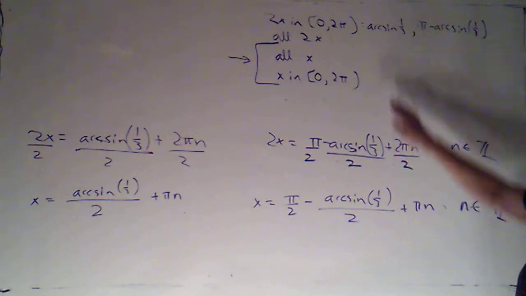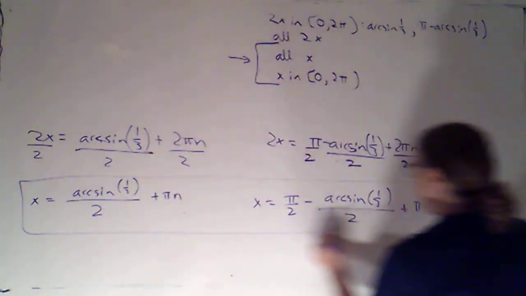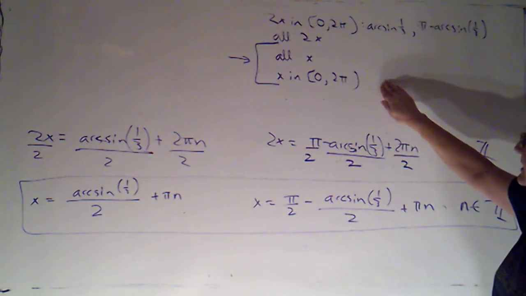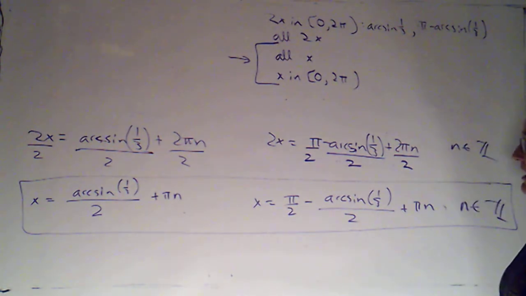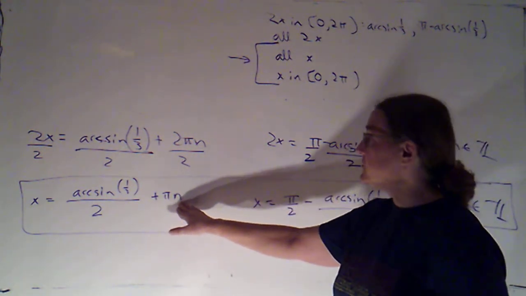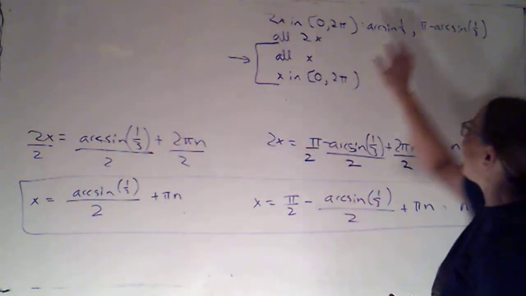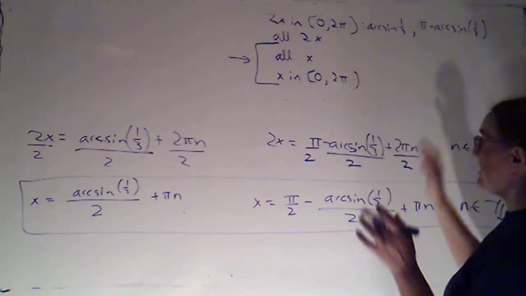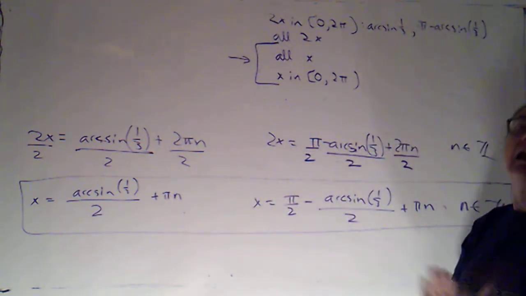So now, that gives me all my values of x right there. So now I want to get the x values that are in 2 pi. And I've pretty much started to see that I can expect to be plugging in values for n to get my solutions. And I'm expecting to get twice as many solutions as I had here. So I can expect to plug in 0, which will give me basically these solutions without adding anything, and 1.